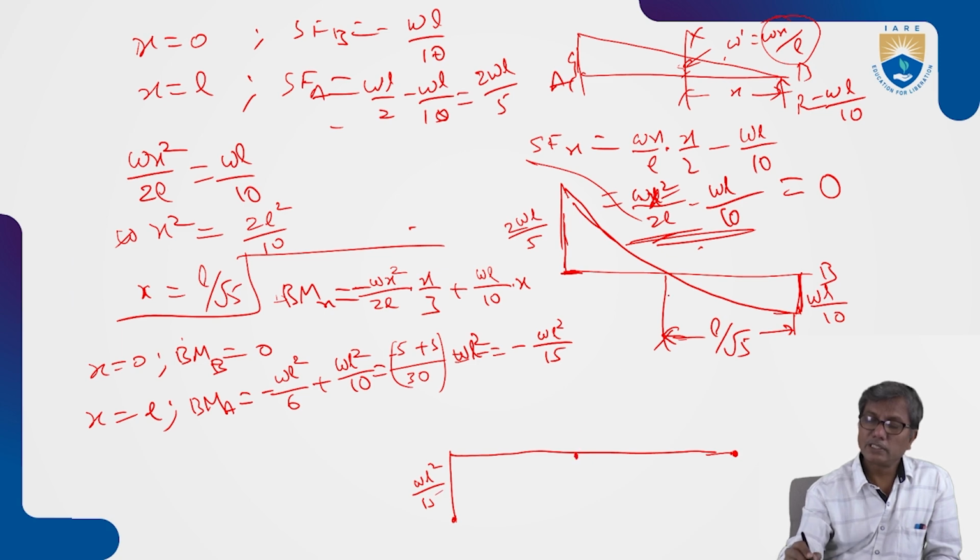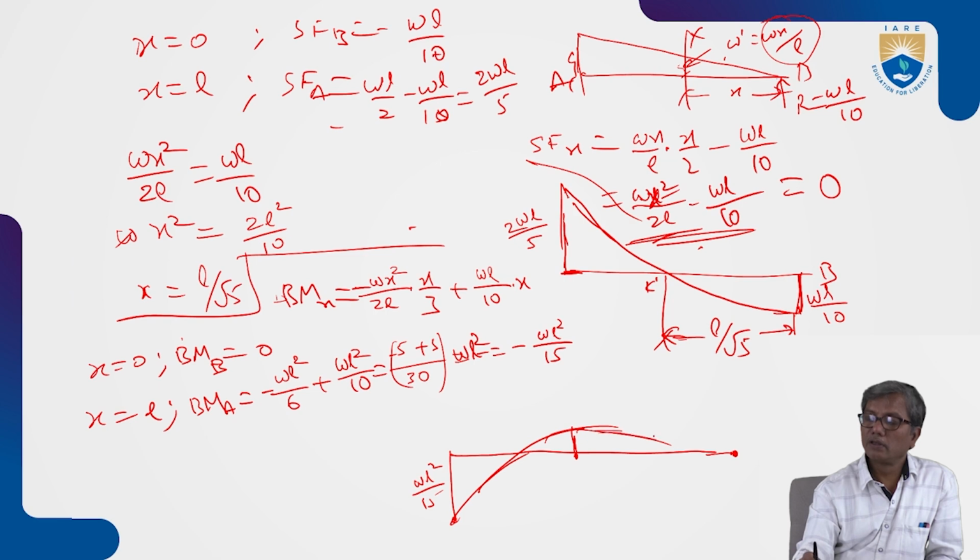And you have a point here C where the bending moment is maximum positive. Maximum positive. Yeah, something like this. Because the point where the shear force changes sign, you will have maximum bending moment. So substituting x equal to L by root 5, you will get this maximum bending moment.